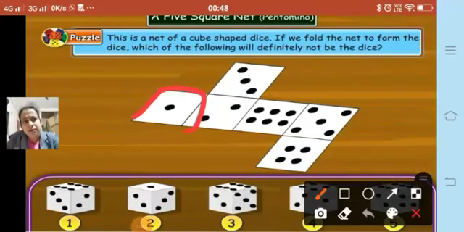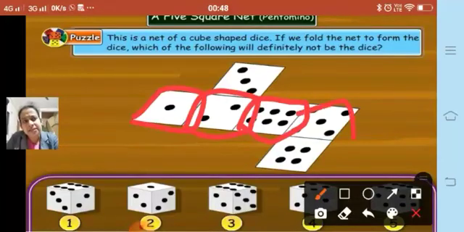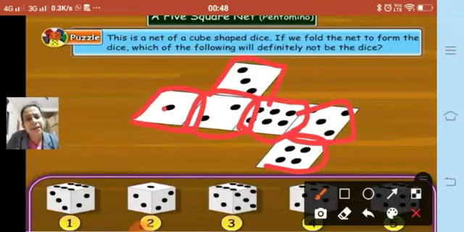This square of one dot is neighboring to this square made up of 2 dots, whereas this 2 is also adjacent to 6, 6 is adjacent to 5, and 5 is adjacent to 4, whereas 2 is also adjacent to 1. So you might have understood now what adjacent is. Adjacent means neighboring, that you have to remember.